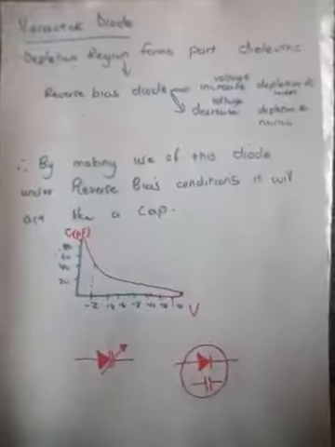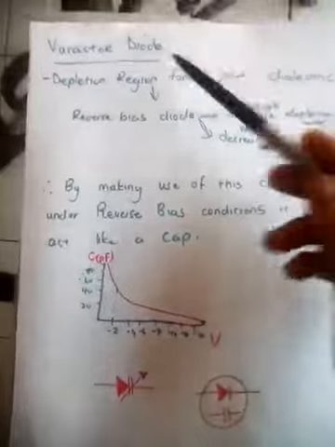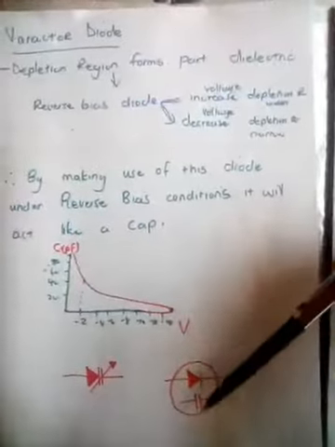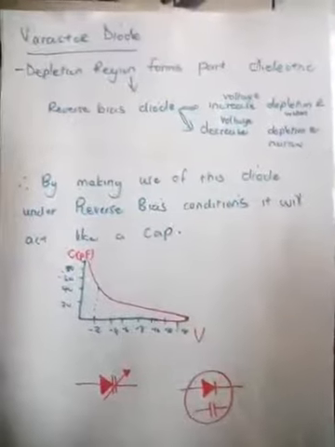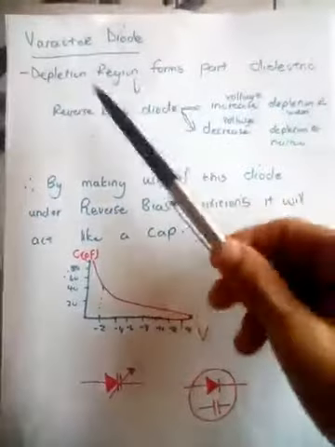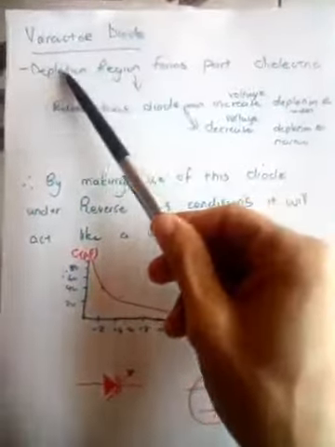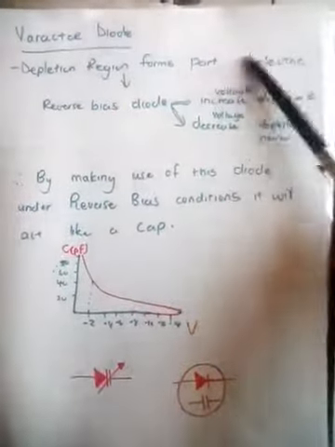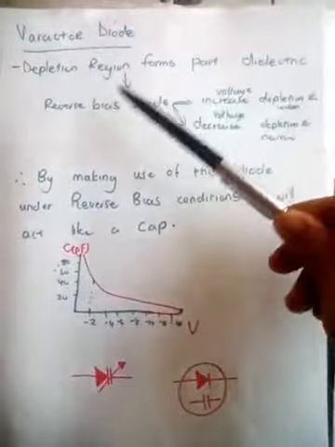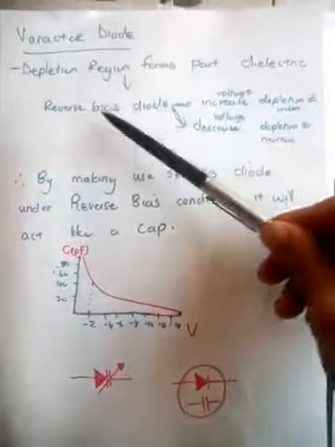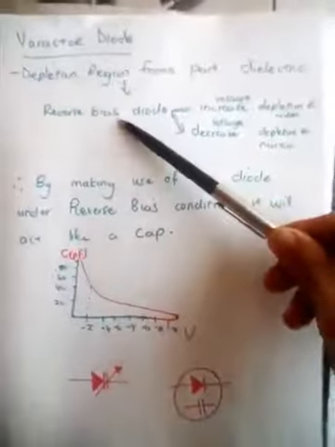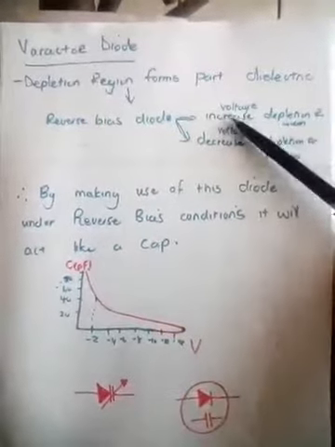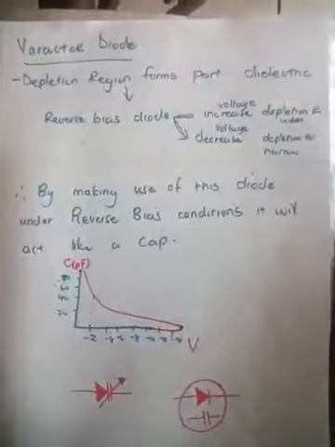Then go to a varactor diode. A varactor diode is basically a diode that acts as a capacitor, and when we speak about diodes, you know about the depletion region that forms part of the dielectric of the diode, the structure. If you reverse bias this varactor diode, then you will increase that depletion region.